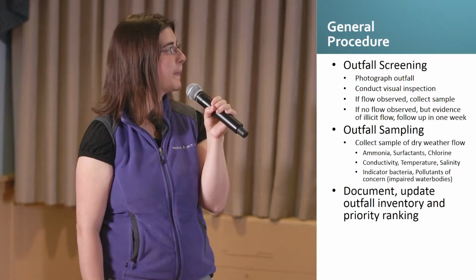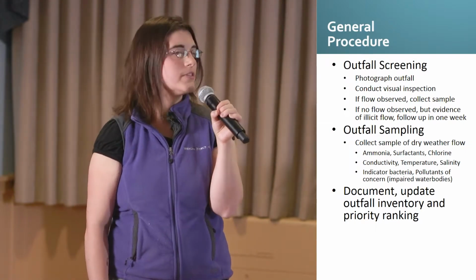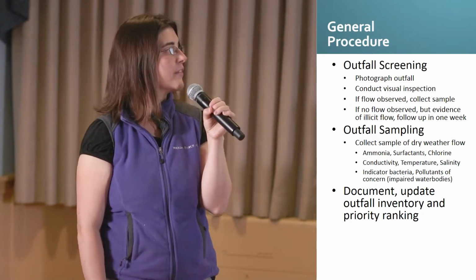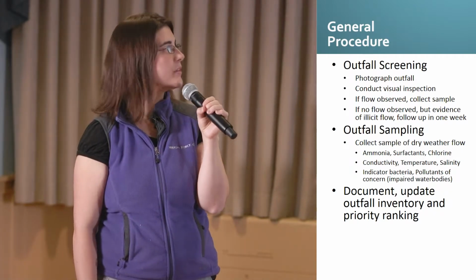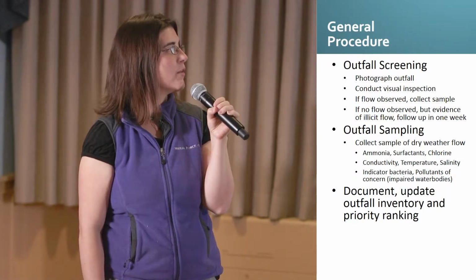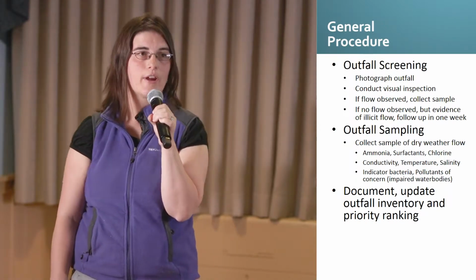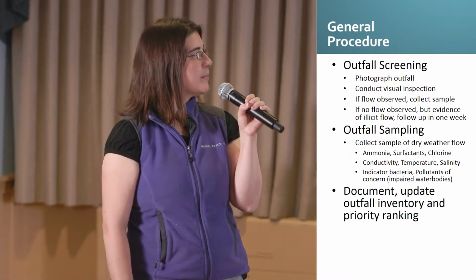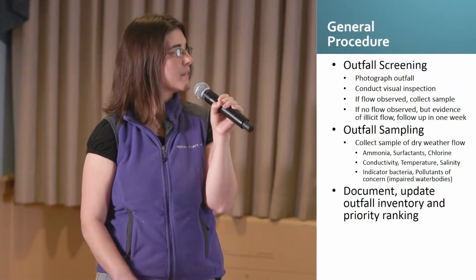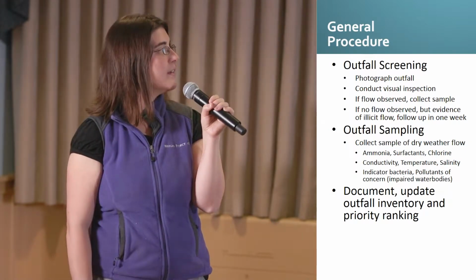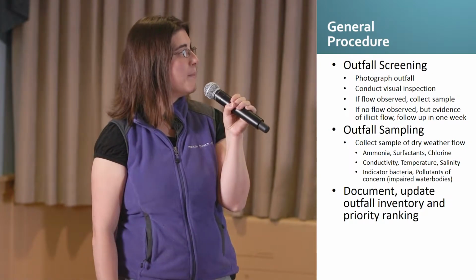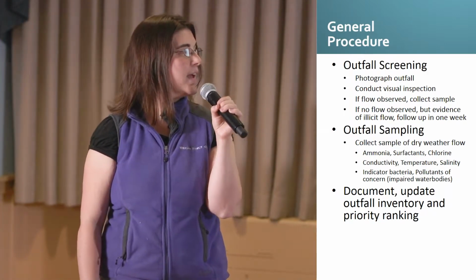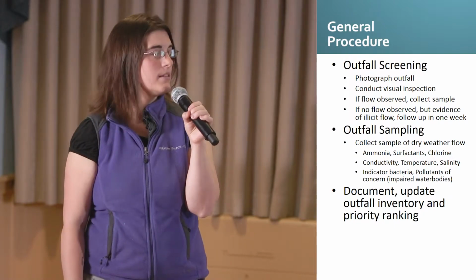If flow is observed during your dry weather inspection, you're going to collect a grab sample to analyze for various parameters. For outfall sampling, you want to collect the dry weather flow for analysis of ammonia, surfactants, chlorine, conductivity, temperature, salinity, as well as your indicator bacteria.